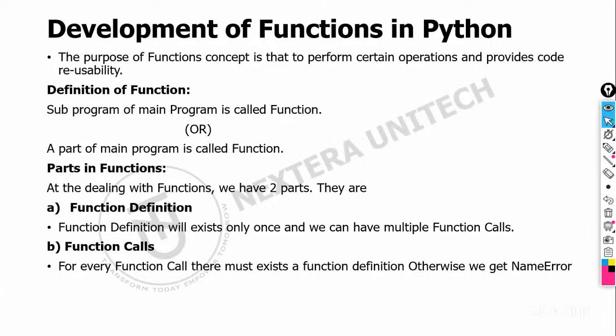A function is nothing but a sub program of the main program. Within the main program, we have a sub program. It is called a function. It's a part of the main program.